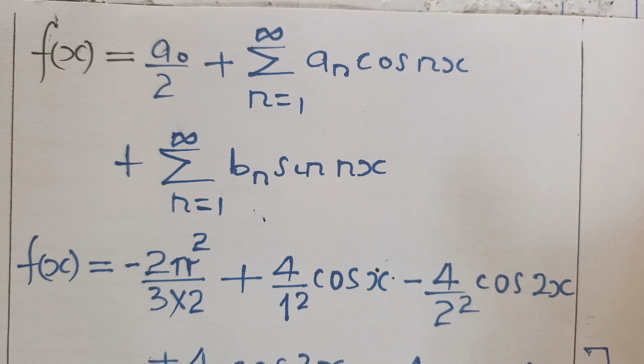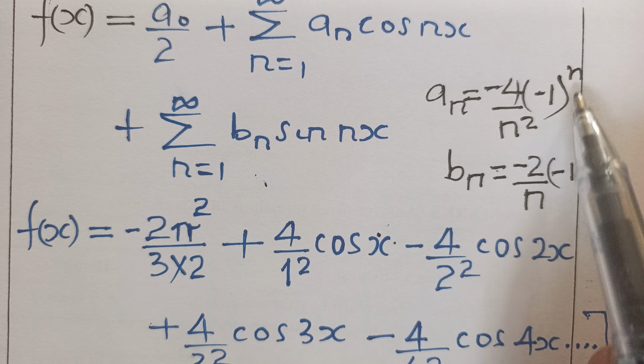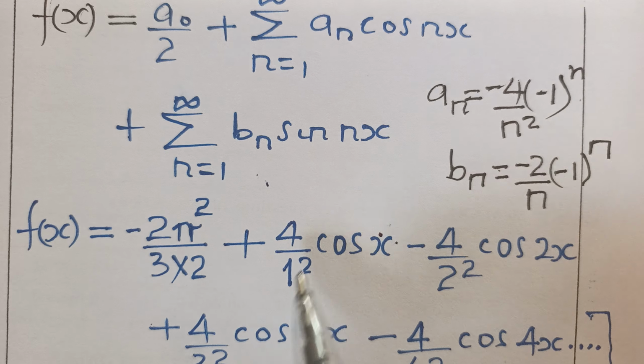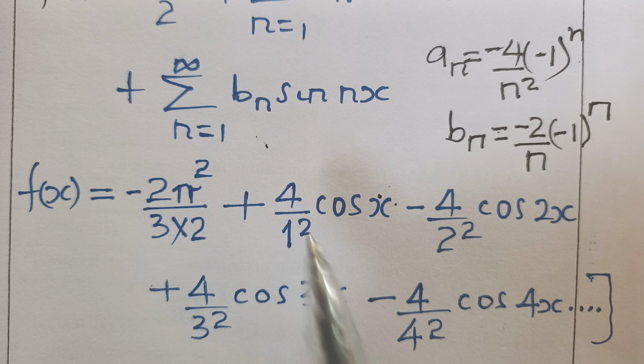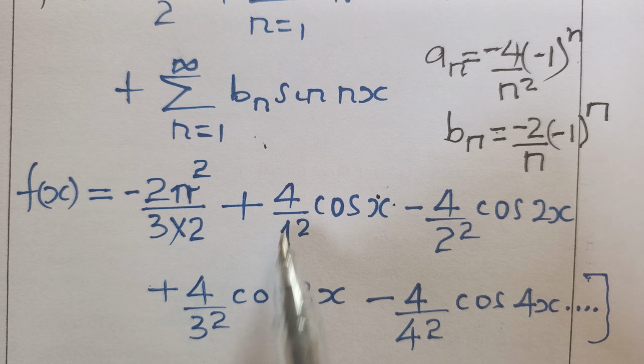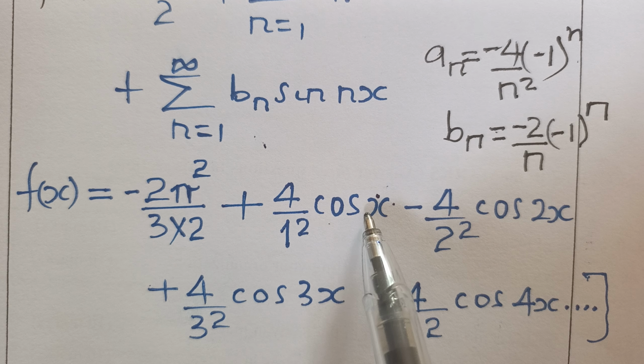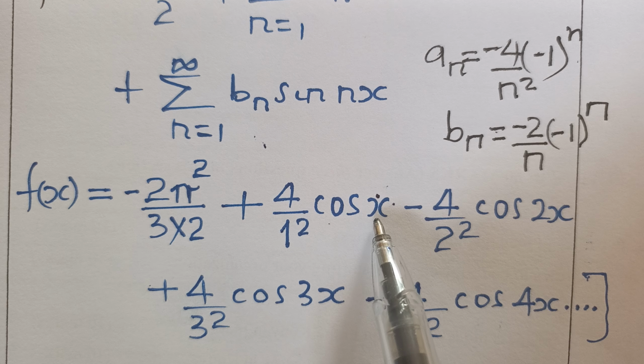For the An, we had negative 4 multiplied by negative 1 raised to n all over n squared. And this is what we are now going to do. We are going to say 4 all over n squared, let's say n is equal to 1, so it will be 1 squared, because nx, and now n is 1, so it will be x.